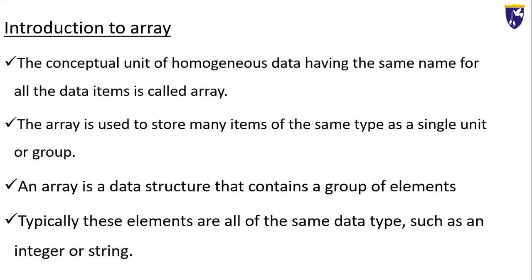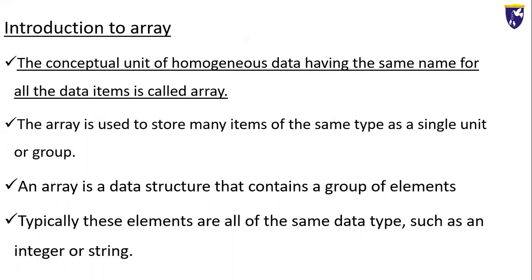The second definition is: an array is used to store many items of the same type as a single unit or group. So the second definition gives more clarity that arrays can store more than one item, but with the same data type, in a single unit or group having a name.